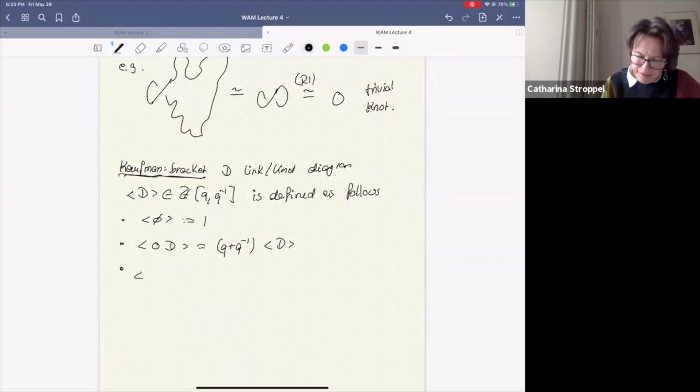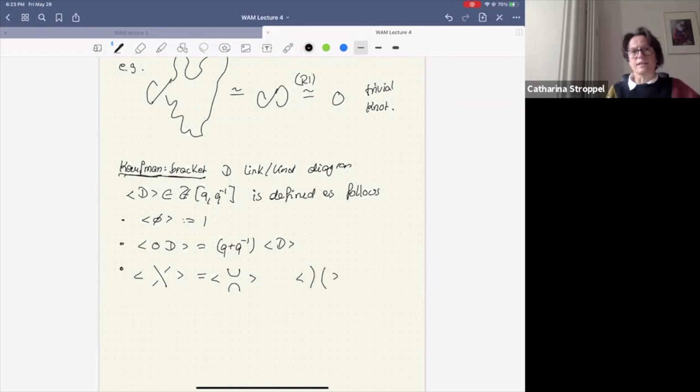And then whenever I see a crossing, I can smoothen it, and I can smoothen it in two ways. I can replace it by two strands which don't cross anymore in this direction, or I can replace it by two strands in the opposite direction. And I just take the linear combination with a Q in here.